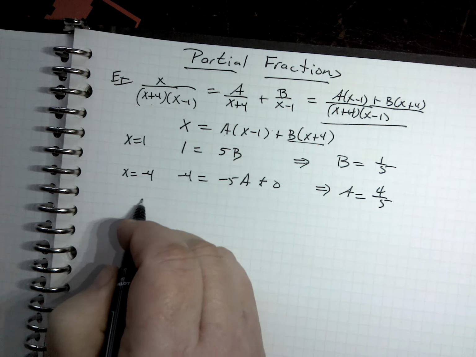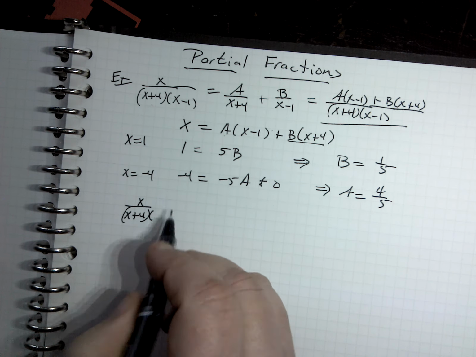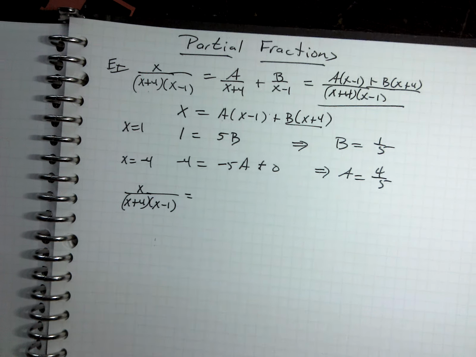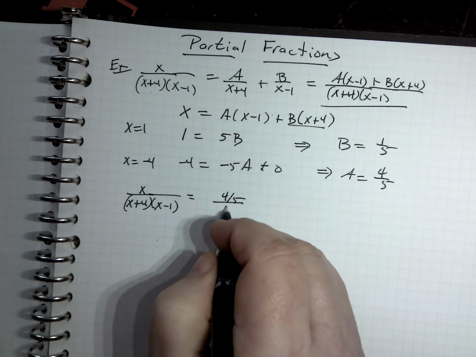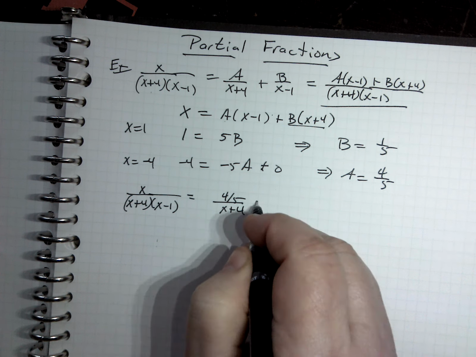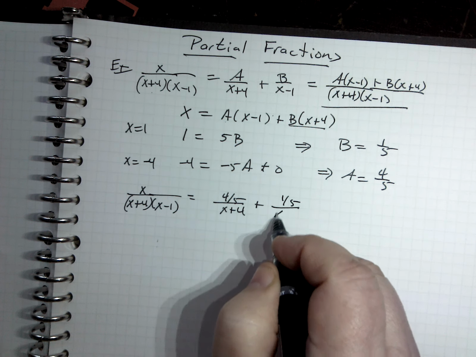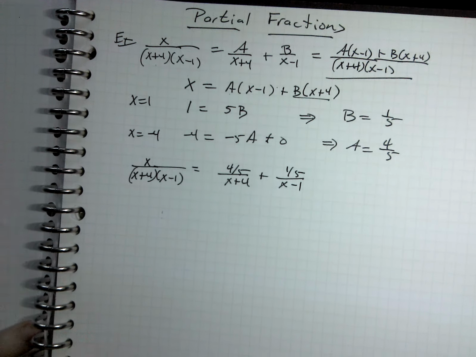So my fraction of x over (x plus 4)(x minus 1) can be rewritten as a, which is 4/5, over x plus 4, and b, 1/5, over x minus 1. So that's the decomposed fraction.